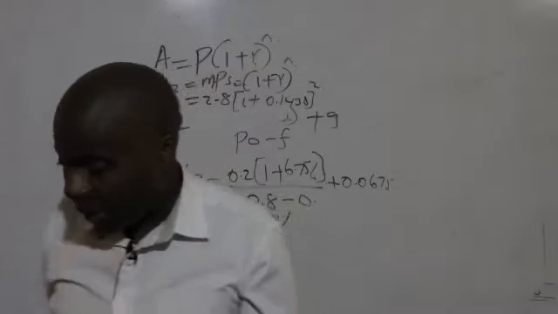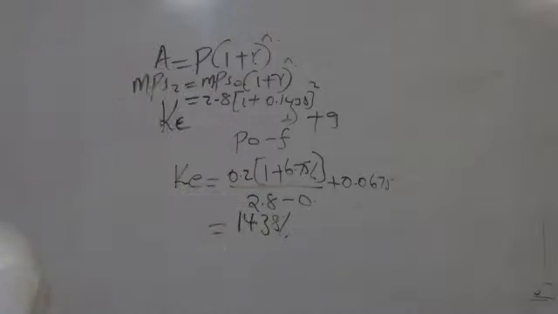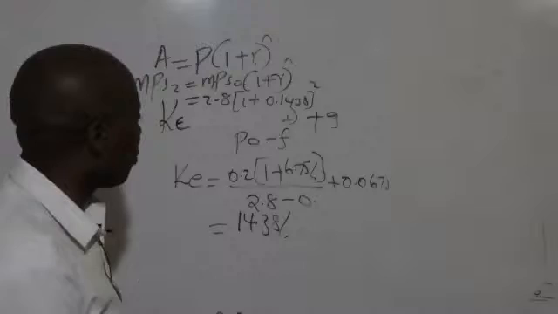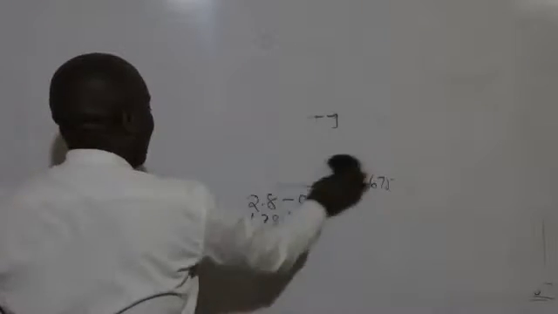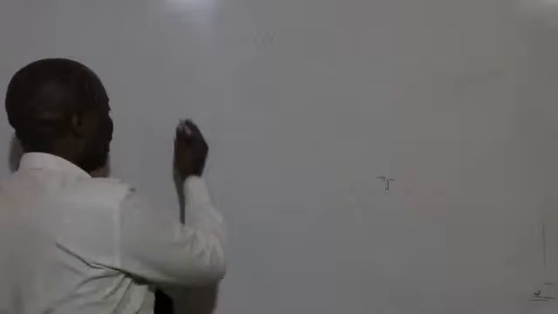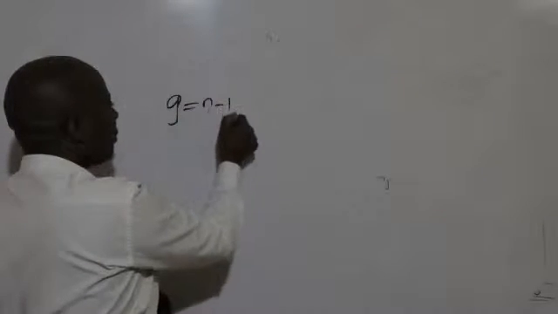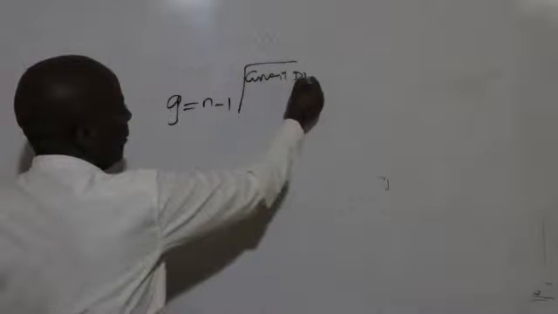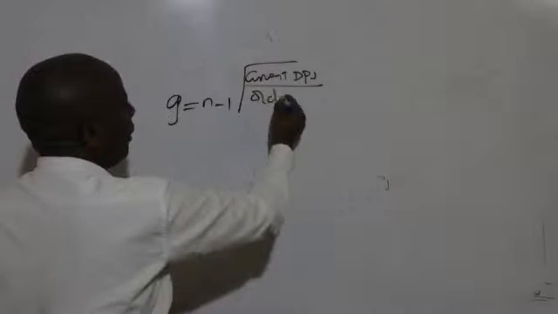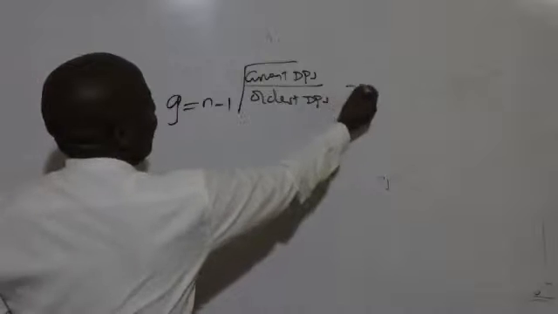Gordon has done quite a lot of work in finance. So here he came and spoke about the growth rates. So the first thing that I'll do is to give my examiner the growth rate, which will be the n-1 root of current DPS over the oldest DPS, minus 1.